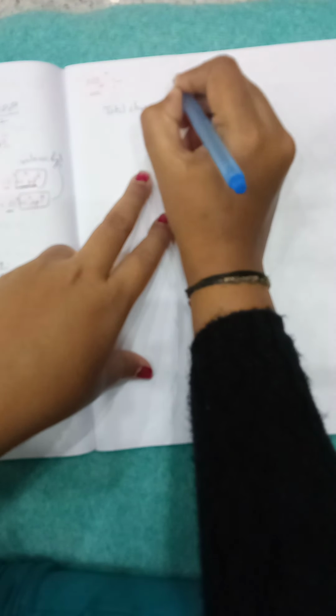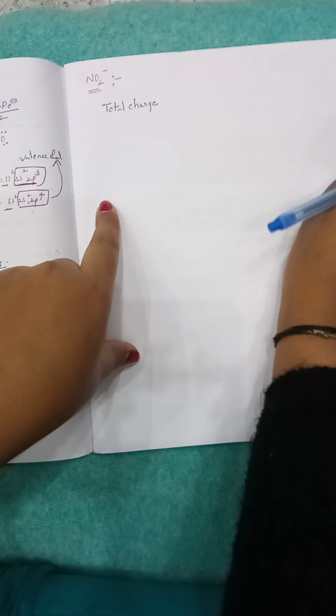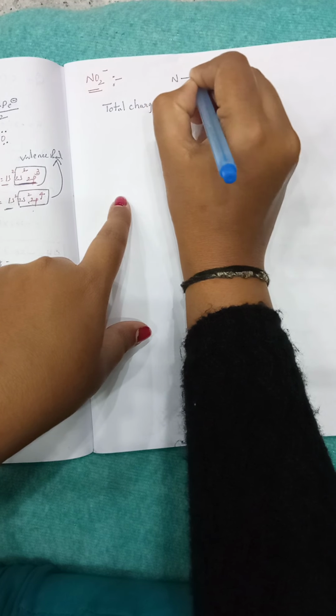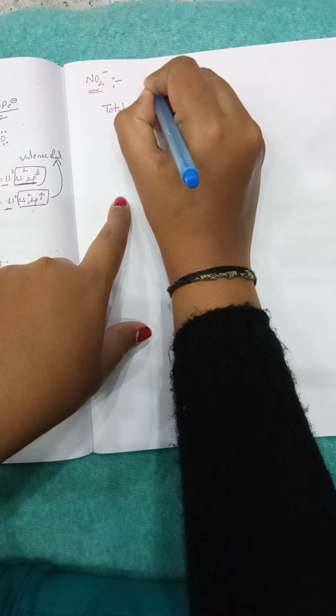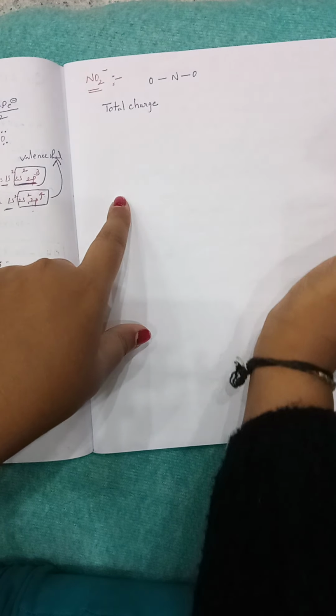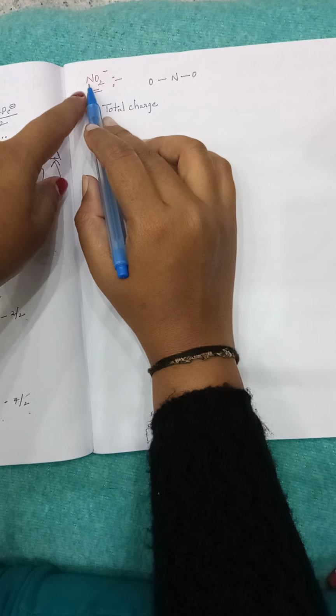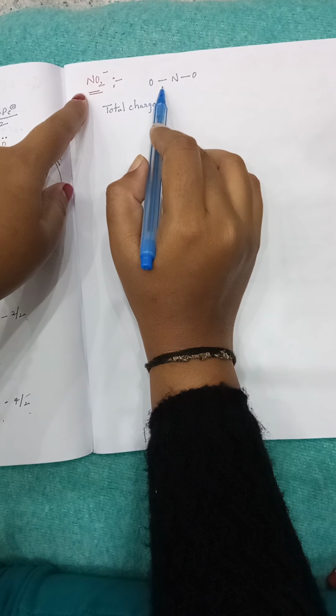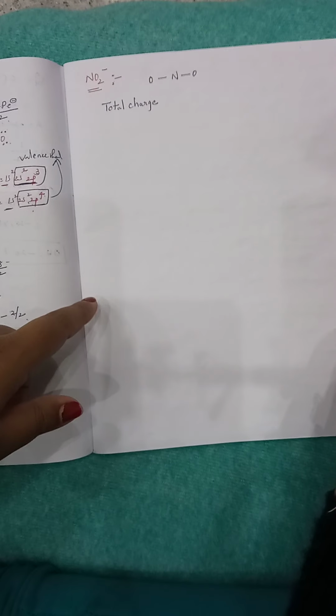We know the first step is to draw a rough structure, which can be written by giving single bonds between all the atoms. Here there are only 3 atoms, 1 nitrogen and 2 oxygens, written as O bond N bond O. We don't know the number of lone pair electrons and bond pair electrons. We have to calculate that.